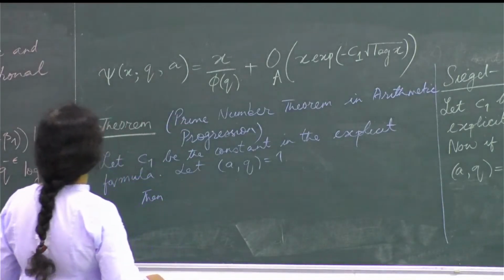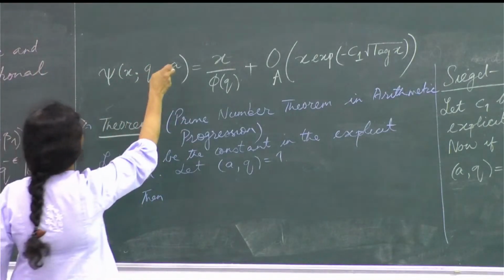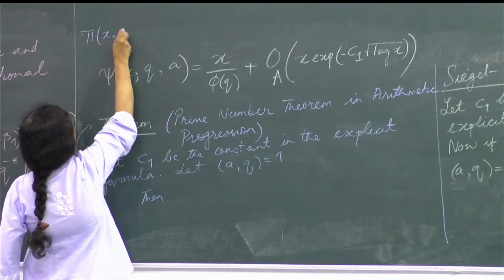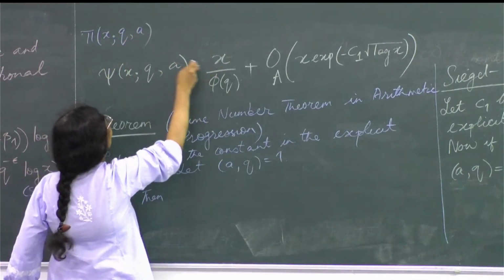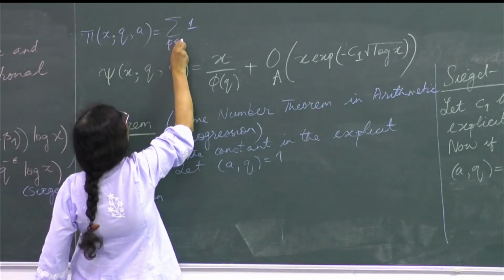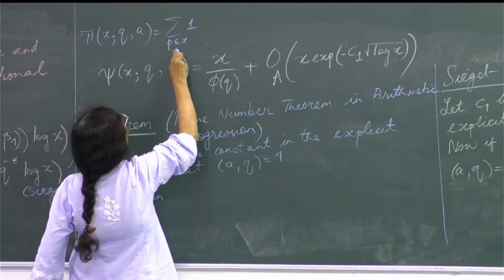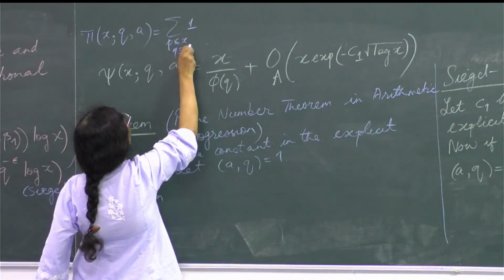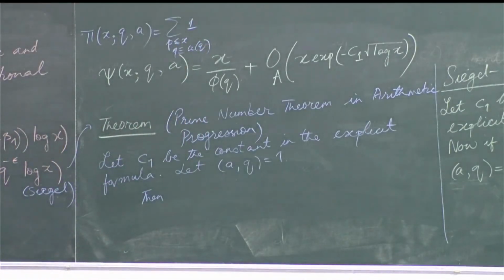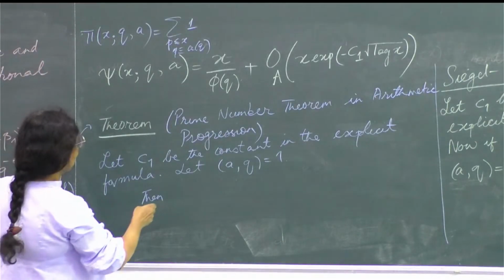So now I want to write, I gave a definition in the first, remember that? Pi of x, q, a is equal to the number of primes p less than x, p congruent to a modulo q. So this has not been smoothed out by lambda of n.